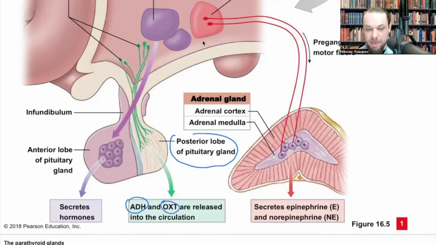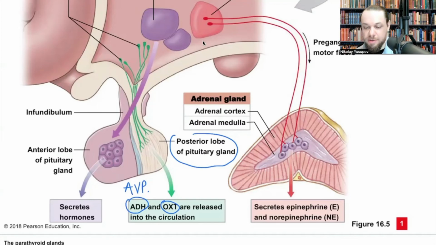ADH, another name for it is vasopressin. Sometimes you will see it written as arginine vasopressin. It's just how it's made and travels in our body as a normal hormone. Antidiuretic hormone, or AVP, is the same thing.